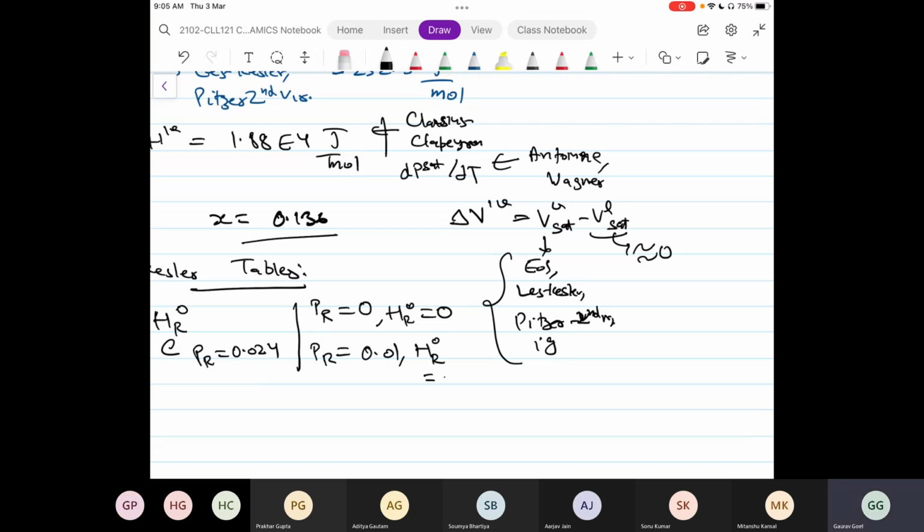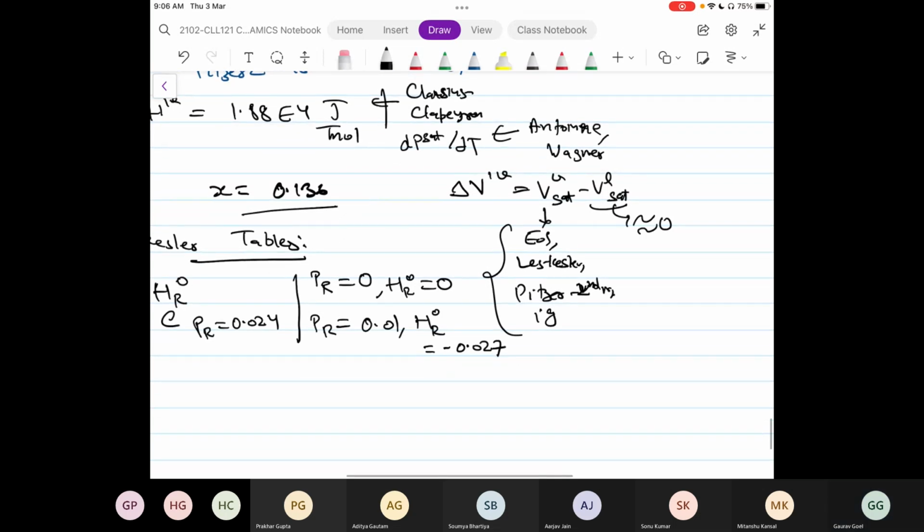HR at this condition was minus 0.027. Then I went to PR equal to 0.05. And I'm just reporting the values which were available in the table, okay? And the value suddenly shot up.